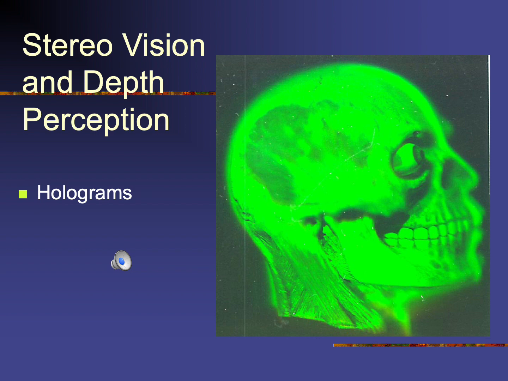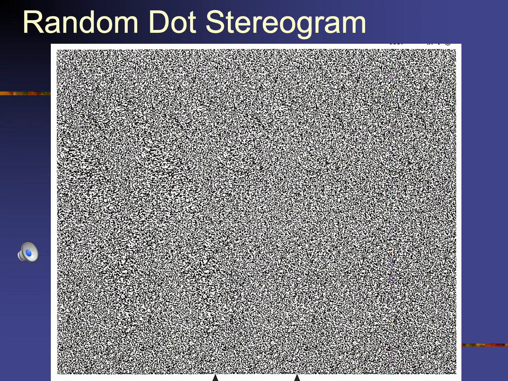But the process is one in which still the two images that you need for each eye are presented in a way that you construct, using your brain, depth perception. Here's a random dot stereogram. Random dot stereograms were invented by psychologists to study depth perception. I can't go into great detail about how they're created, but again, the mechanism of creating them still creates the two images you need to construct a three-dimensional perception.